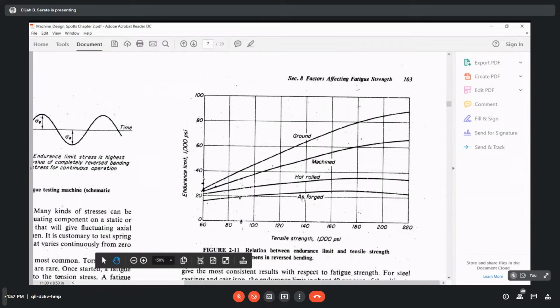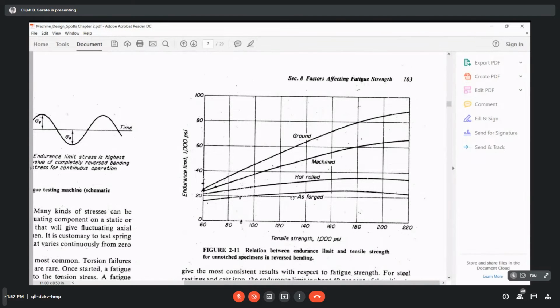Okay. Now, what do you mean by as forged condition? The surface of the material is as forged. Do you have any idea what is as forged or forged condition? Okay. It is the surface where the material or the steel comes out of the factory.